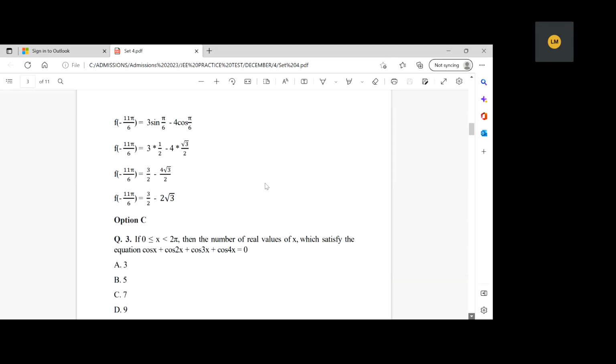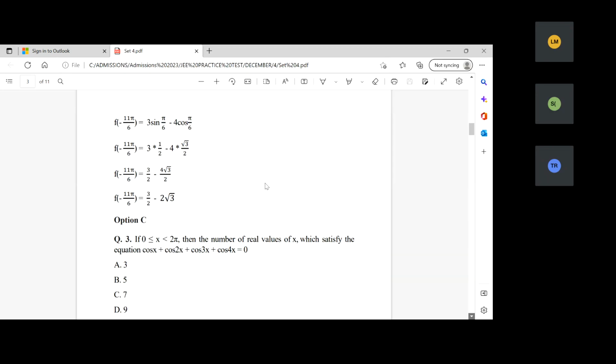And yes, this is the next question which you have to solve. This is also a simple one. It can come in the cos or the sine term. If 0 is less than or equal to x less than 2 pi, then the number of real values of x which satisfy the equation cos x plus cos 2x plus cos 3x plus cos 4x equal to 0.